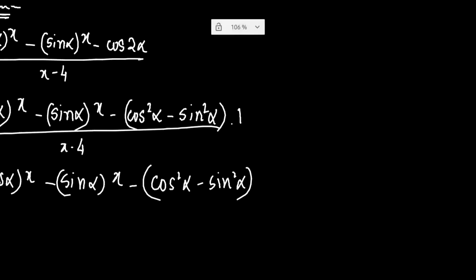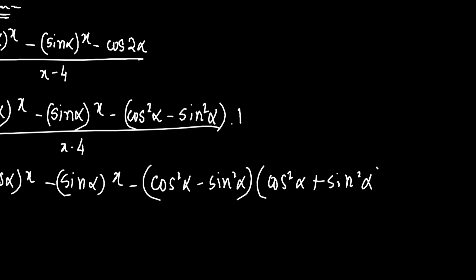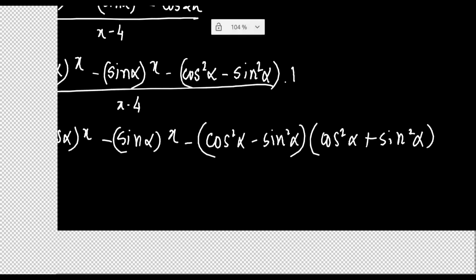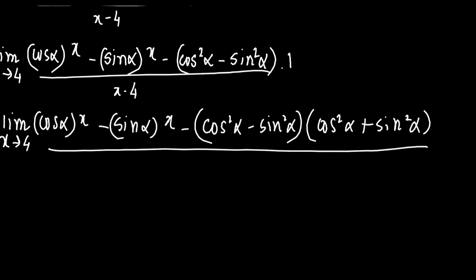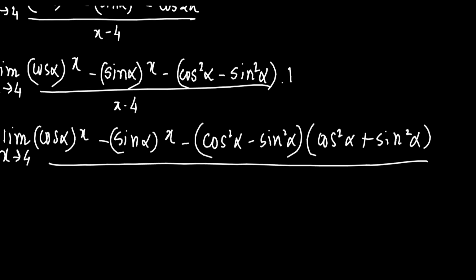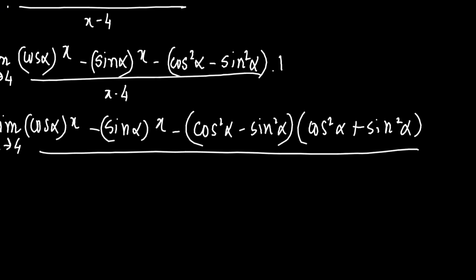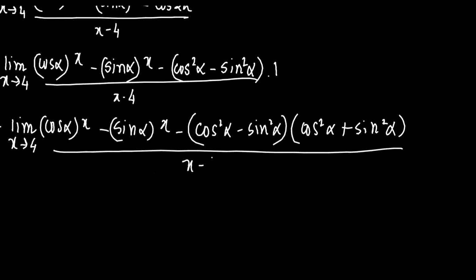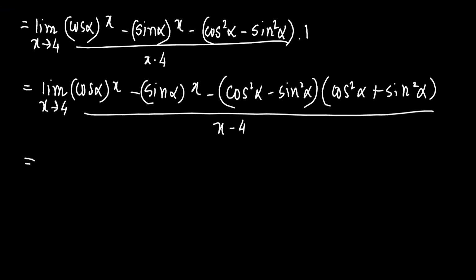Now this 1 can be written as cos squared alpha plus sin squared alpha. This is a very important step in this sum. So it is cos squared alpha minus sin squared alpha into 1, where 1 is written as cos squared alpha plus sin squared alpha, by x minus 4.